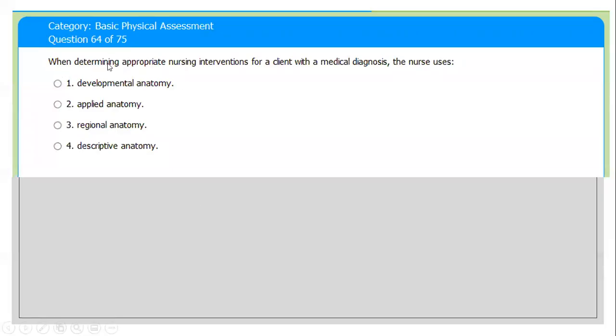Next question. When determining appropriate nursing intervention for a client with a medical diagnosis, the nurse uses developmental anatomy, applied anatomy, regional anatomy, or descriptive anatomy. So what is medical diagnosis?